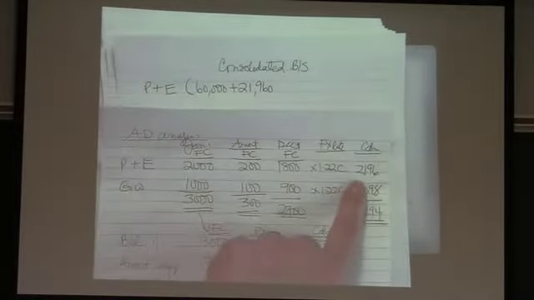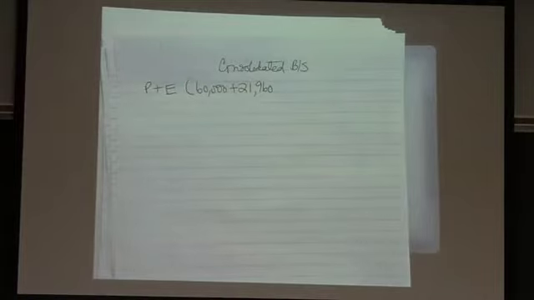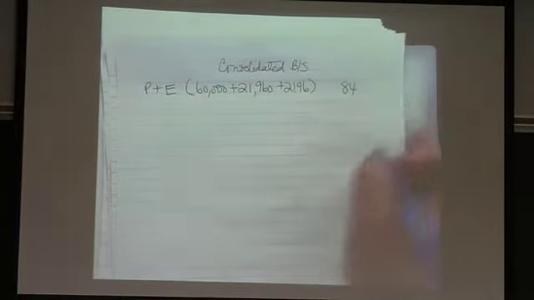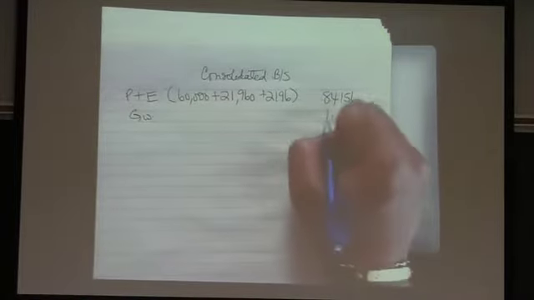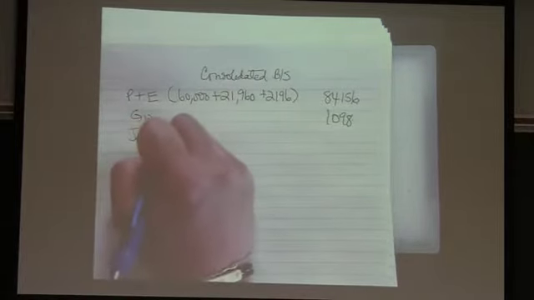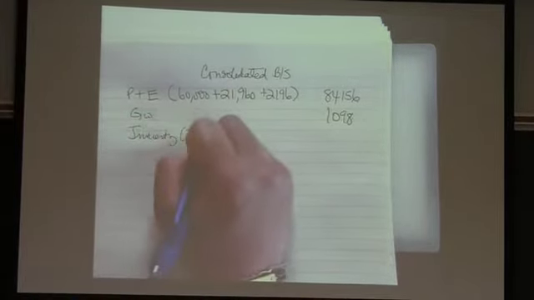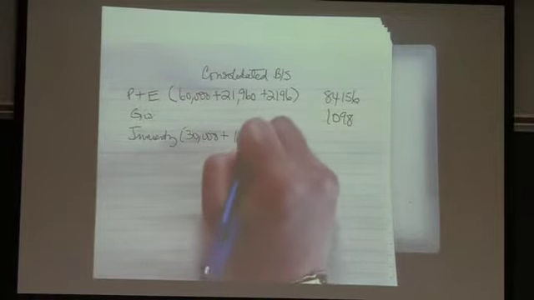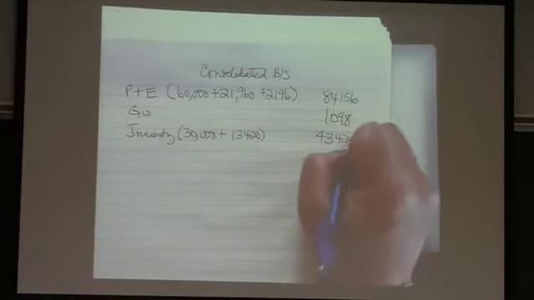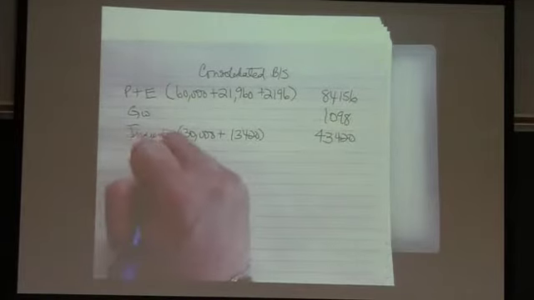Plus the AD of 2196. That was the amortization differential of AD 2196. Goodwill, that came from our AD. Inventory, 30,000 parent plus the sub's translated Canadian equivalent. And monetary assets.